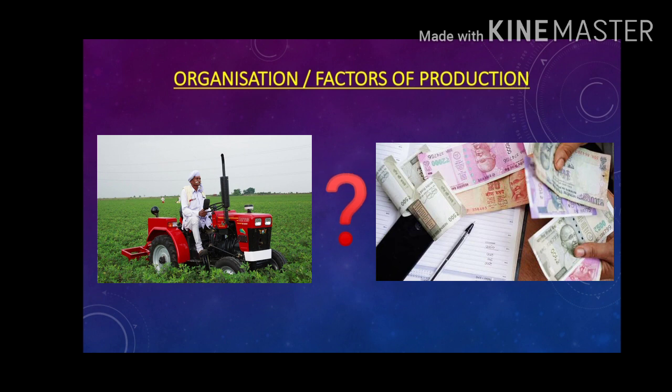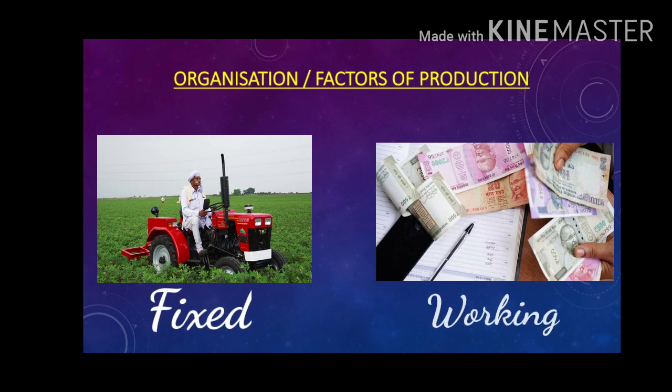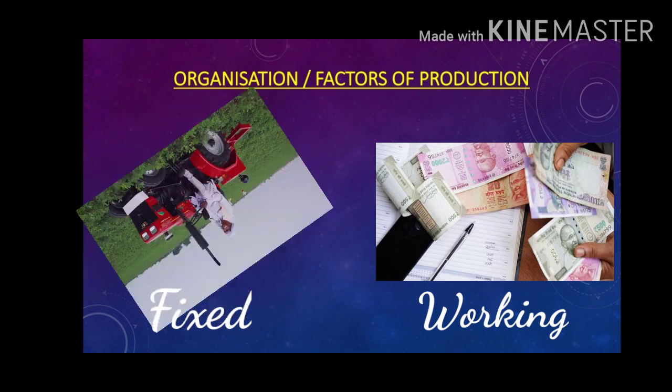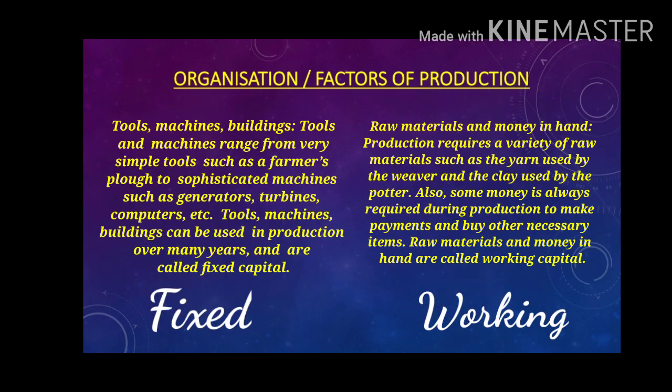See, as the name suggests, fixed capital means something which is fixed. Once you buy it, it's there for you. And working capital means something that you have to keep buying, you have to keep investing. So I think you've got an idea. So the fixed capital here will be the tractor and the working capital will be the money, that is the money in hand. So fixed capital are the tools, machines, buildings, all these things.